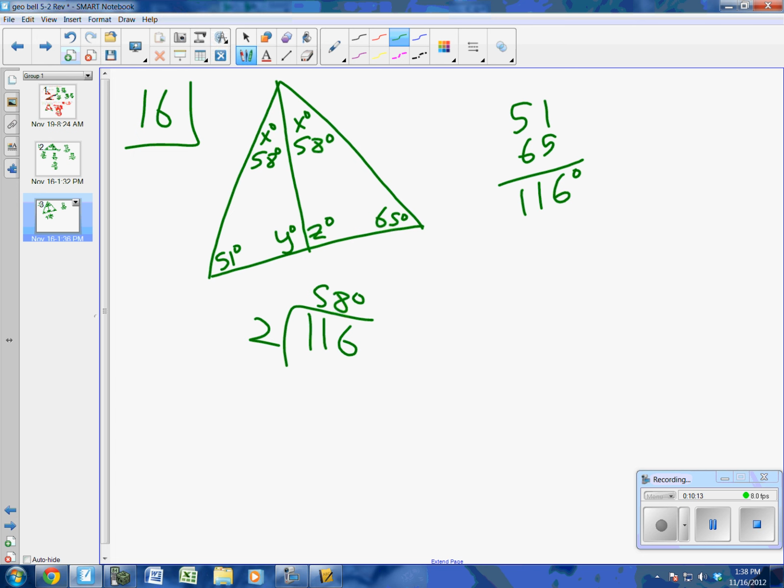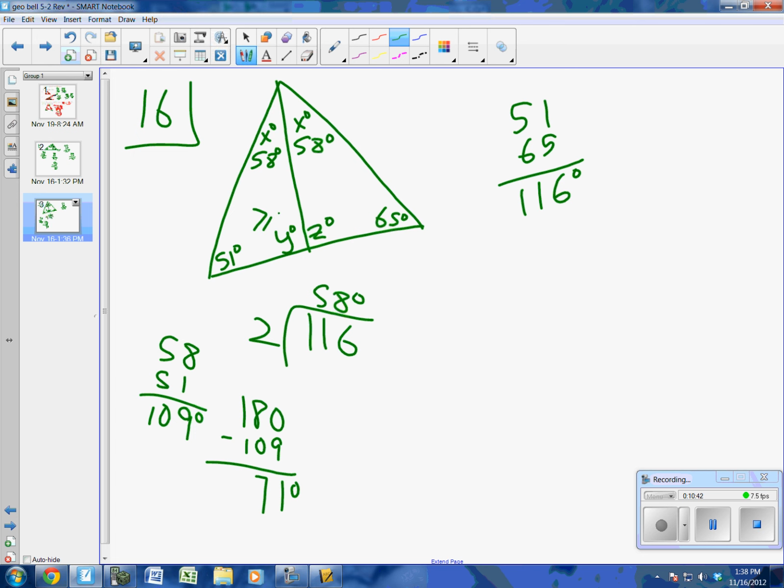Could we find y and z now? We know this angle and this angle. Can we find y? 58 plus 51 makes 109 degrees, right? And 180 minus 109 makes 71 degrees.